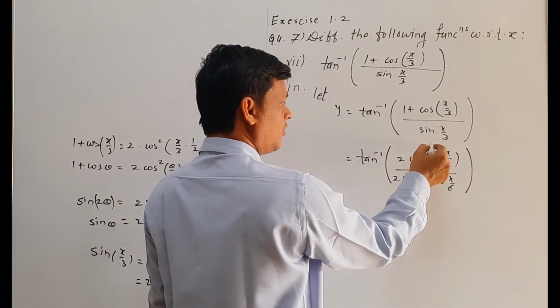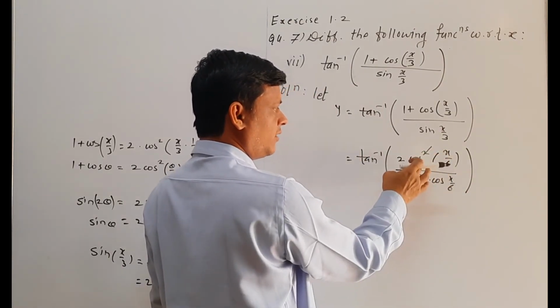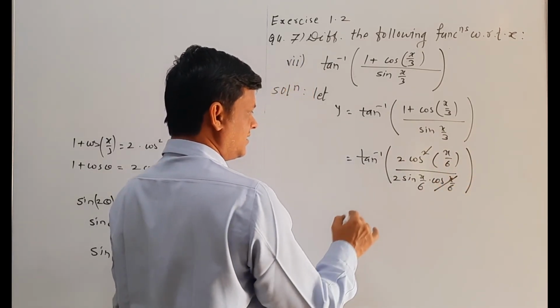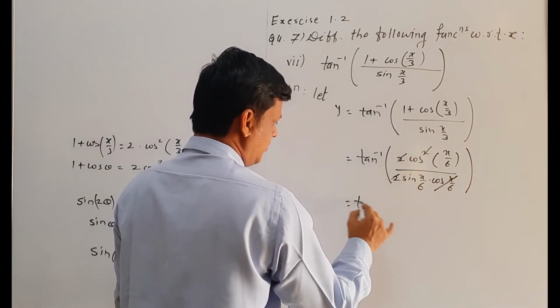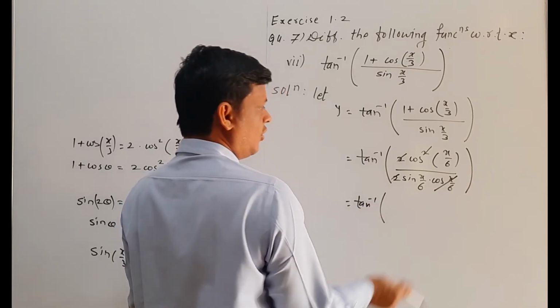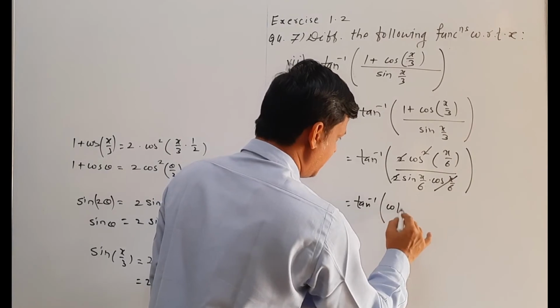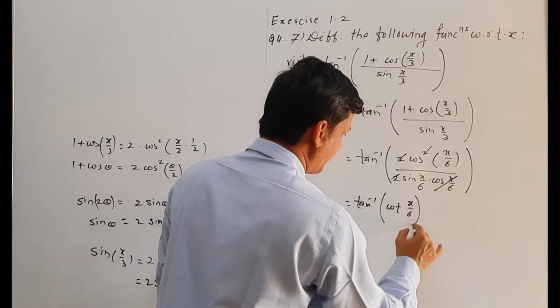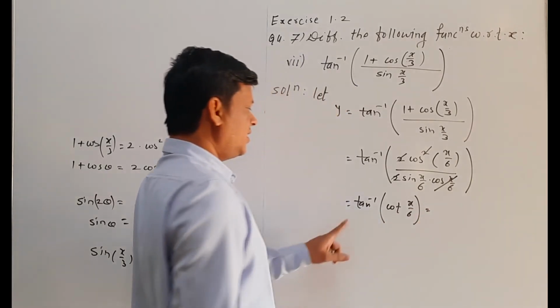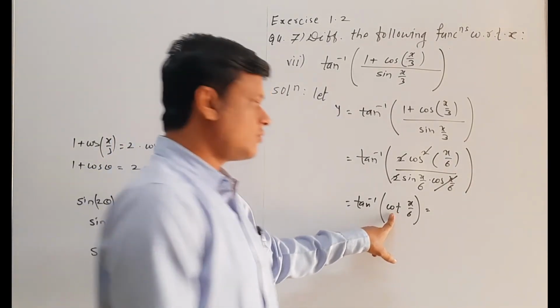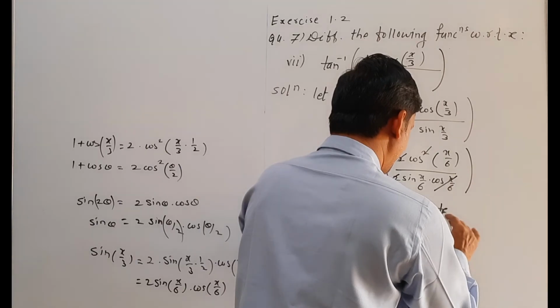So 1 cos x by 6 gets cancelled with 1 cos x by 6 from the square. So we cancel this. 2 gets cancelled. We get here tan inverse of cos upon sin. We can write cot, so we write here cot x by 6. Now the outer function is tan inverse. Inner function we require in terms of tan. So again we use the formula.